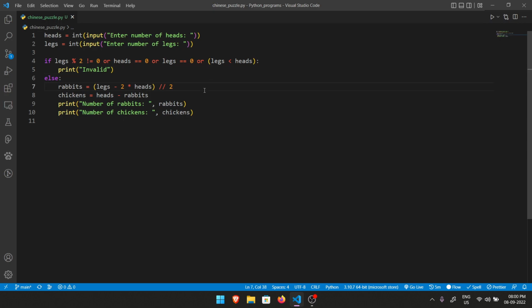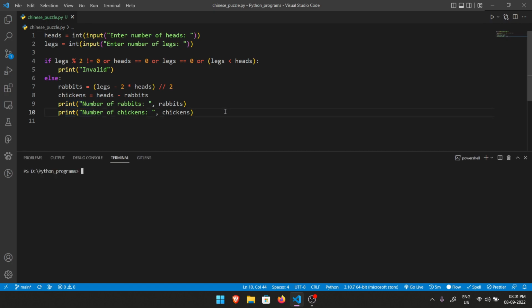Else, we use the formula we derived before, calculating the rabbits as legs minus 2 times heads, divided by 2, and the chickens as heads minus rabbits. I've used integer division because we do not want the number of rabbits or chickens to be floating point numbers. We find the number of chickens using this, as we already know the number of rabbits. Next, we print the number of rabbits and the number of chickens.